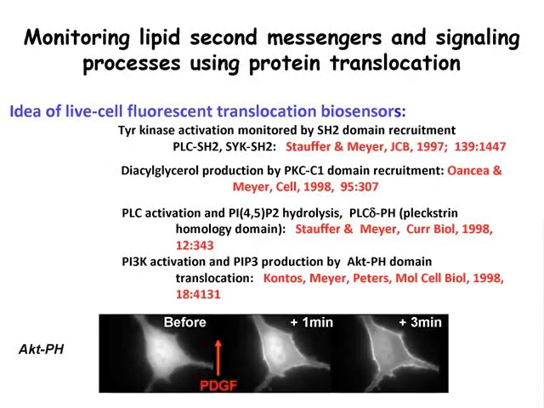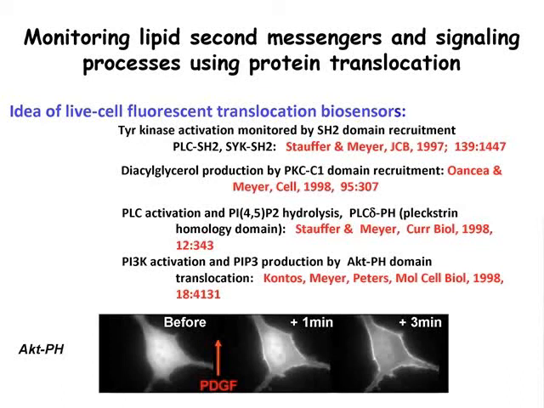So in a number of papers, we tried to do that for SH2 domains, for the C1 domain, as I showed before, as part of protein kinase C, but also for other domains like the phospholipase C delta PH domain, which we first showed can be used in cells to monitor the concentration of plasma membrane PI(4,5)P2 lipids. We also found that another PH domain from AKT can equally be used to monitor the activation of PI3 kinase and the production of PIP3 lipids.